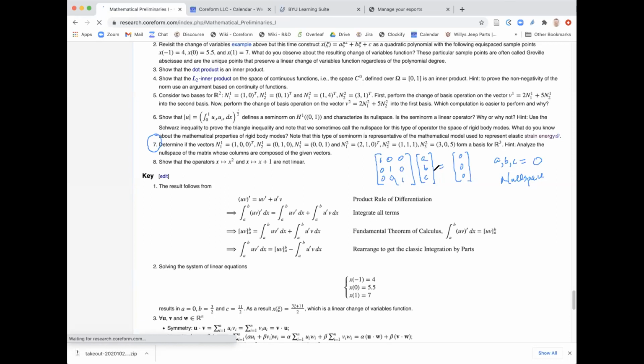Yeah, that's right. So you're going to start out with 2, 1, 0, 1, 1, 1, 3, 0, 5. And you need to put this matrix in what we call reduced row echelon form.